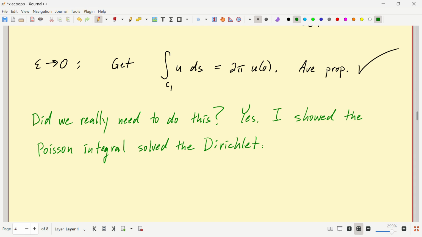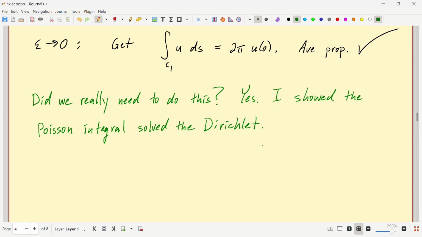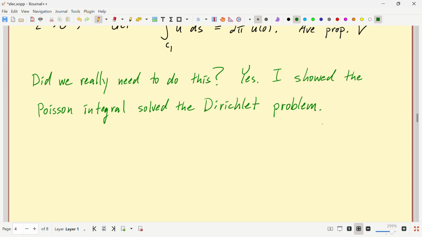Okay? So I showed the Poisson integral solves the Dirichlet problem. I showed the Poisson solution satisfies the averaging property.